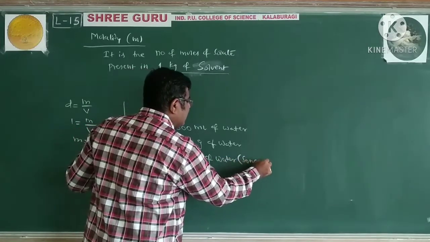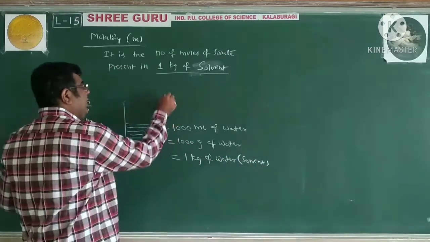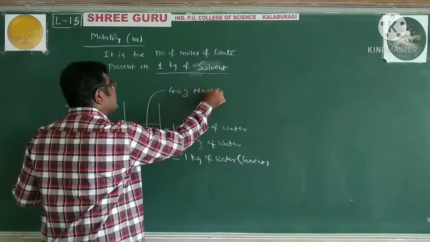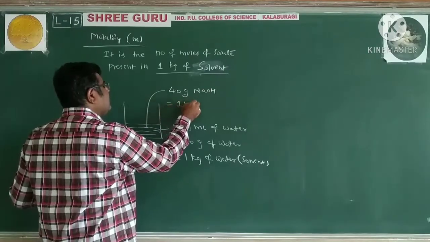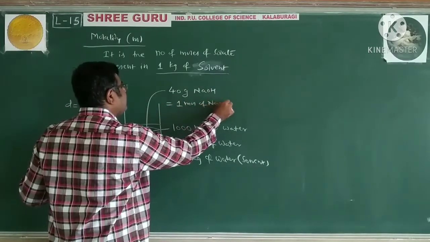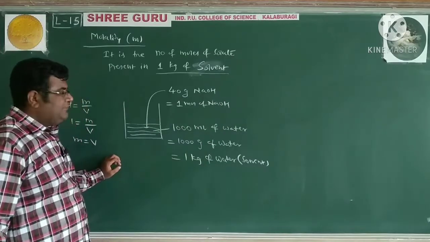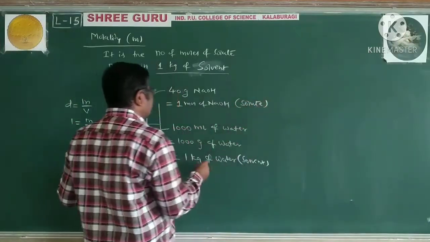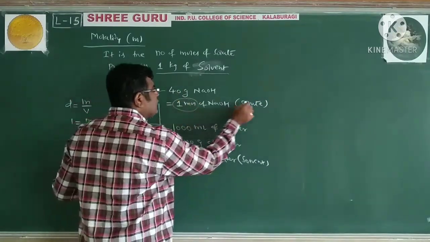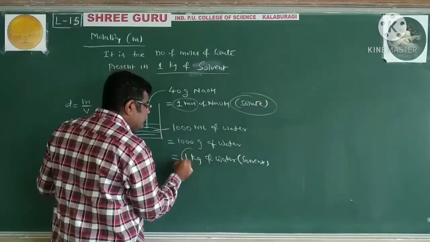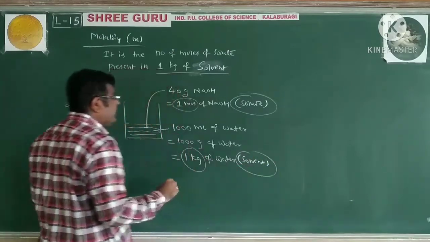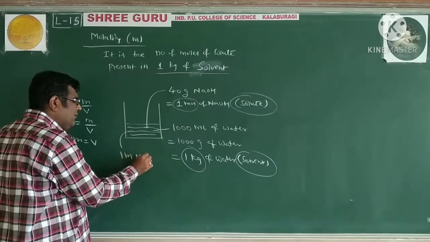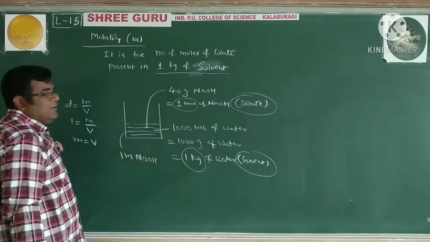This is the solvent, and to this we'll add 40 grams of sodium hydroxide, which is 1 mole of sodium hydroxide, the solute here. So 1 mole of solute is present in 1 kilogram of solvent. We can say that this particular solution is 1 molal sodium hydroxide.